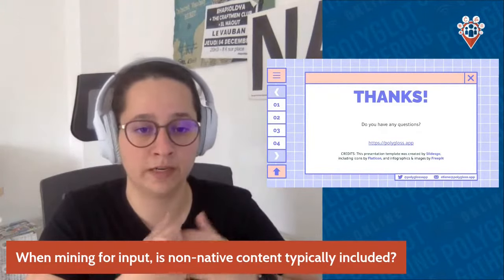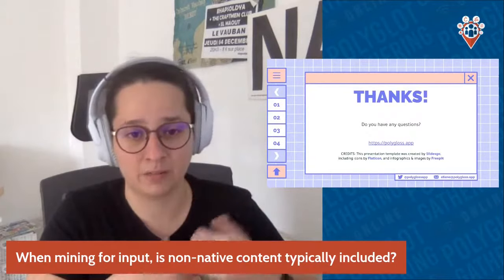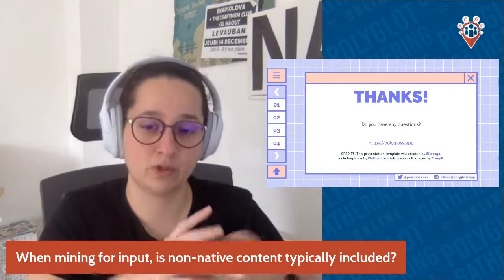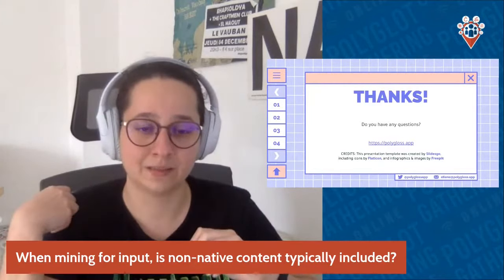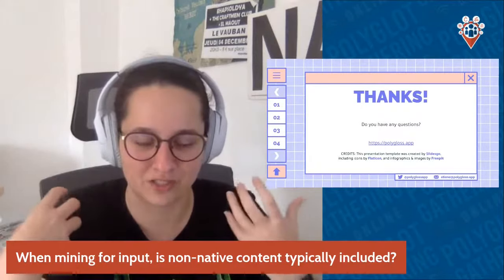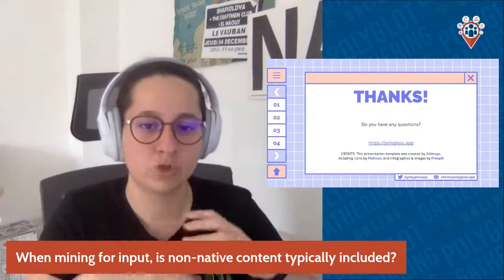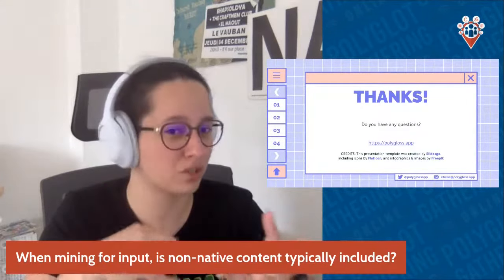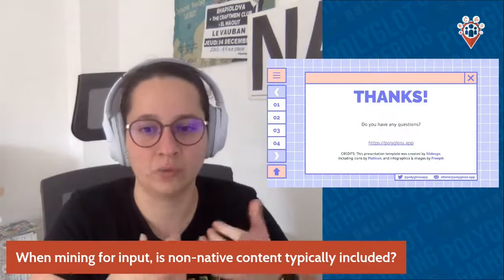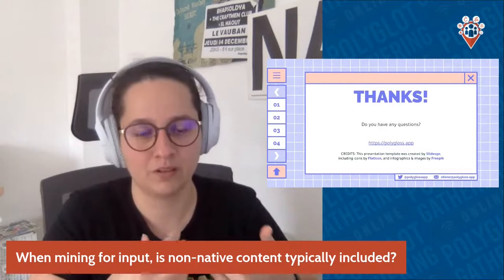privacy, right? We have to deal with things like GDPR, for example, where you have to be able to remove the data from the model at any time the person wishes to. So it's very complicated to deal with data that is more personal, which is the data that is likely to have non-native content, right?